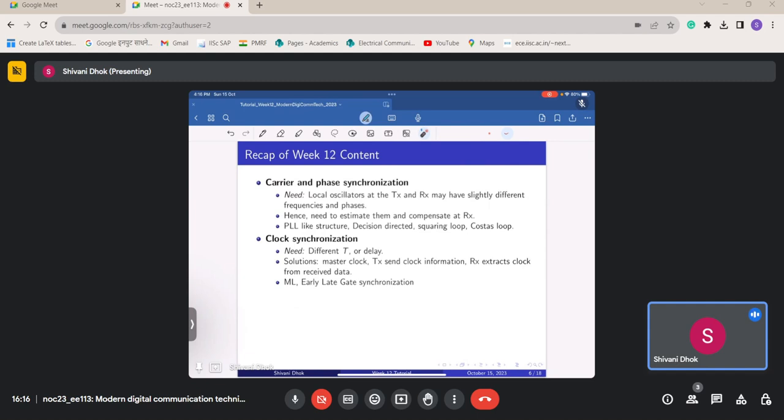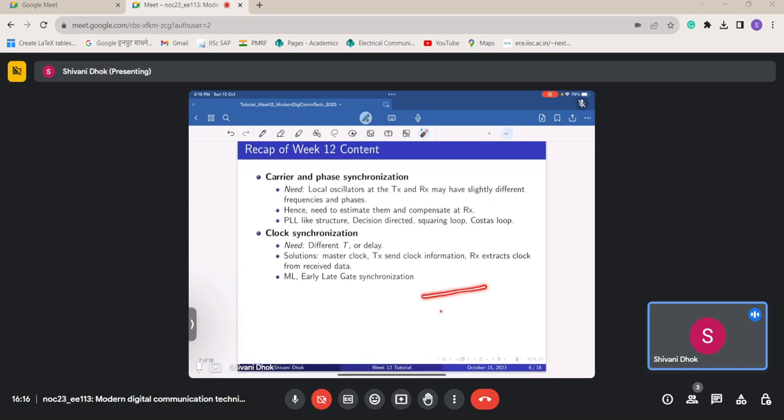Another thing is, if there is a delay, like, okay, so this is your clock at the transmitter and this is your clock at the receiver, these both are T. Now again you should know that this is your transmitter, this is some delay you're having at your receiver, and you should compensate for this particular thing. So in order to do that, the solutions are, you have a master clock that controls the clock at both your transmitter and receiver, which becomes difficult. Again, you make your transmitter send the clock information, that is, now it is starting, this is this much duration, and so on.